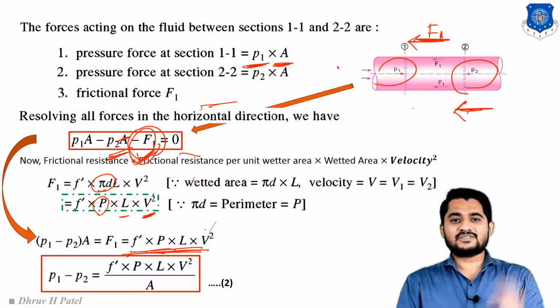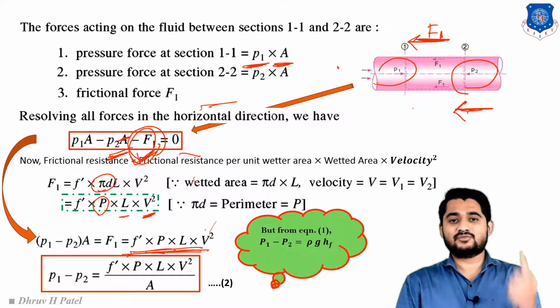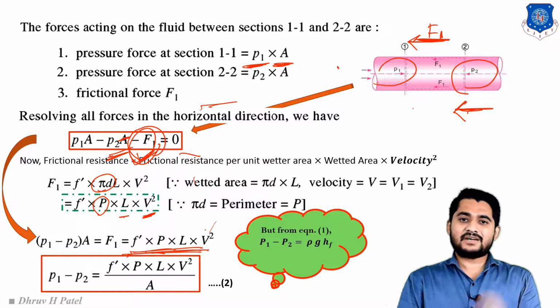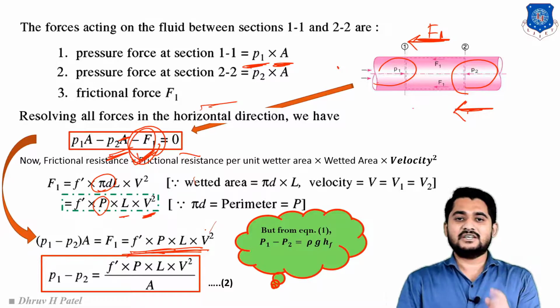But from the equation number 1, we can remember this, P1 minus P2 will be rho G into HF. So we can compare equation number 1 and equation number 2. So we can find value of P1 minus P2 at the both end side.